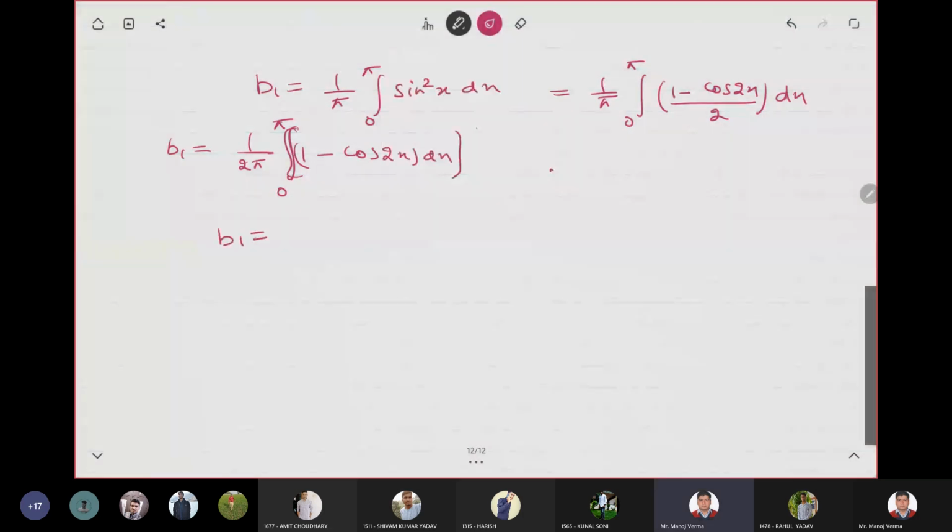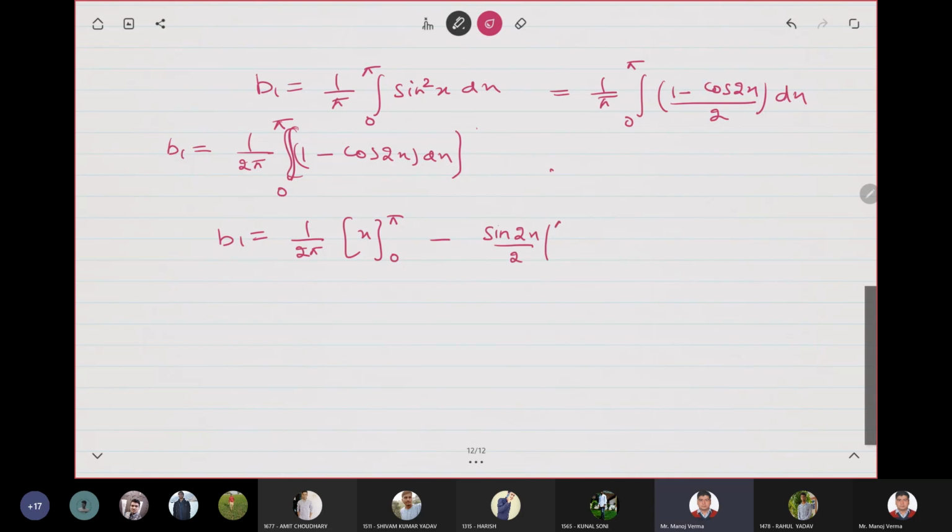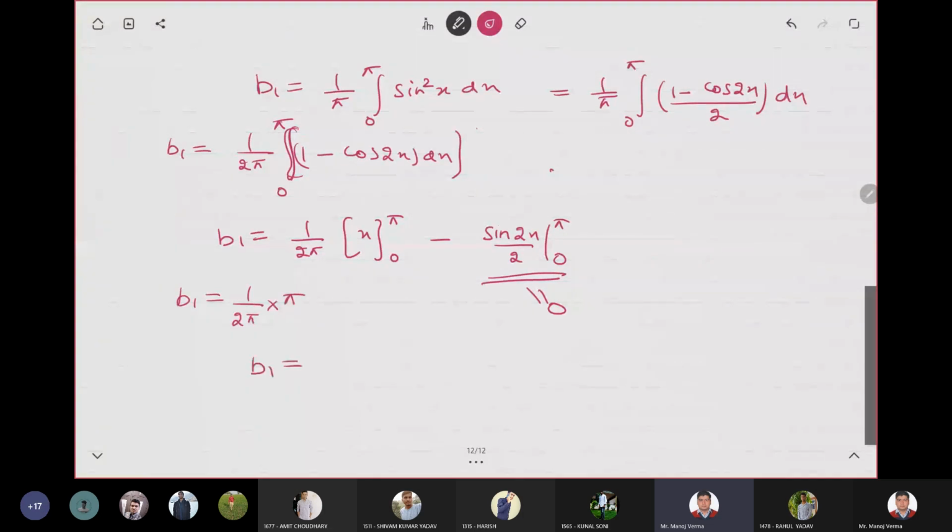So this b1 will become 1 over 2 pi times x minus sin 2x by 2, from 0 to pi. The sine term will again go to 0, as at both limits the sine function will become 0. But the first term will give us pi. b1 will become 1 by 2 pi into pi. So the value of b1 will become half.